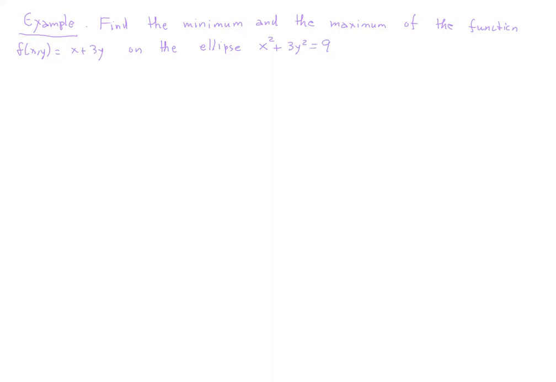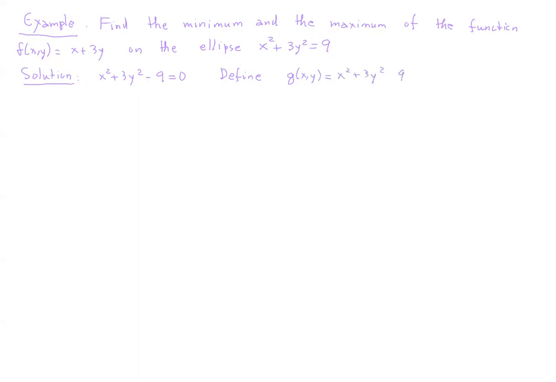Okay, let's see how we do this. So first of all, the first order of business is to write the ellipse as the level set of a function of two variables. So that's why we bring everything to the left-hand side. And we define g of x, y to be equal to x squared plus 3y squared minus 9.